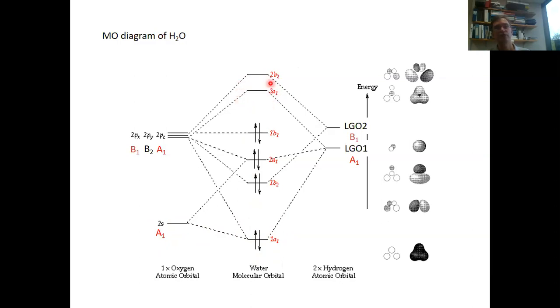That has to be energetically higher than the highest A1 atomic orbital, so that would be one of the 2p's here. And the third one is about energetically halfway between the anti-bonding one and the bonding one. You see it here. Then we just label these according to energies. So that makes this one the 1A1, that one the 2A1, and that one the 3A1.